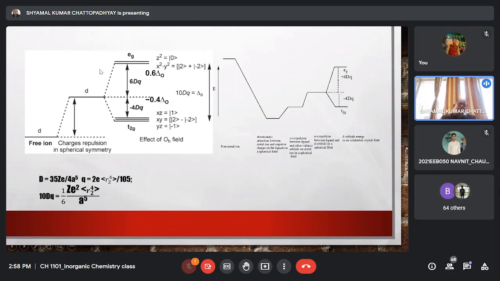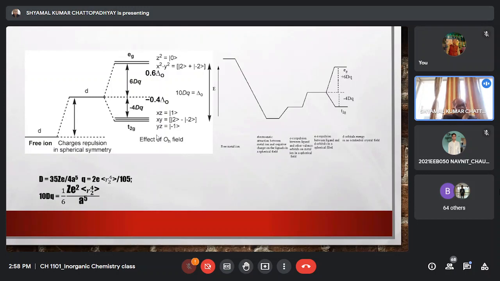Now, you are probably familiar with this picture. Forget about what I have written here; you need not remember all these things, right? So you know that Eg corresponds to z square and x square minus y square orbitals, and T2g corresponds to xz, xy, and yz orbitals.